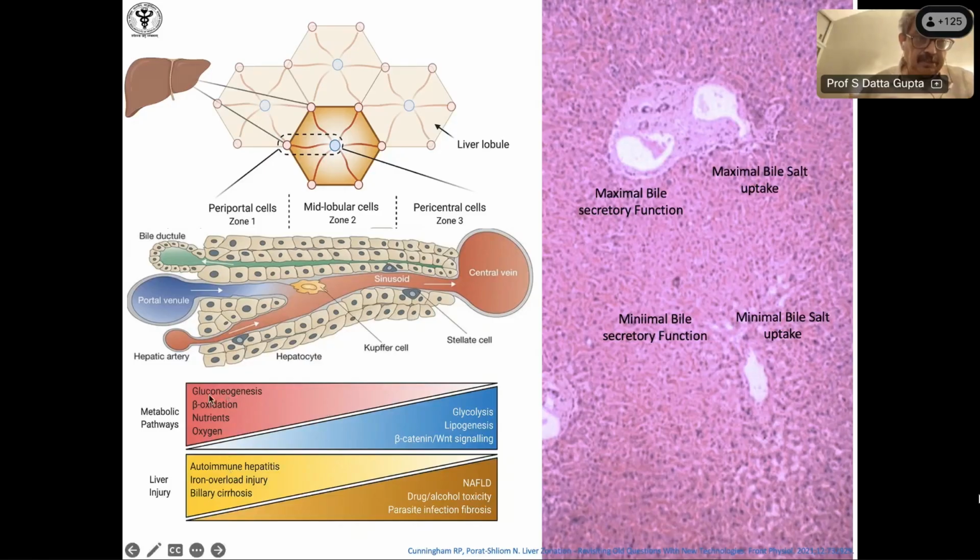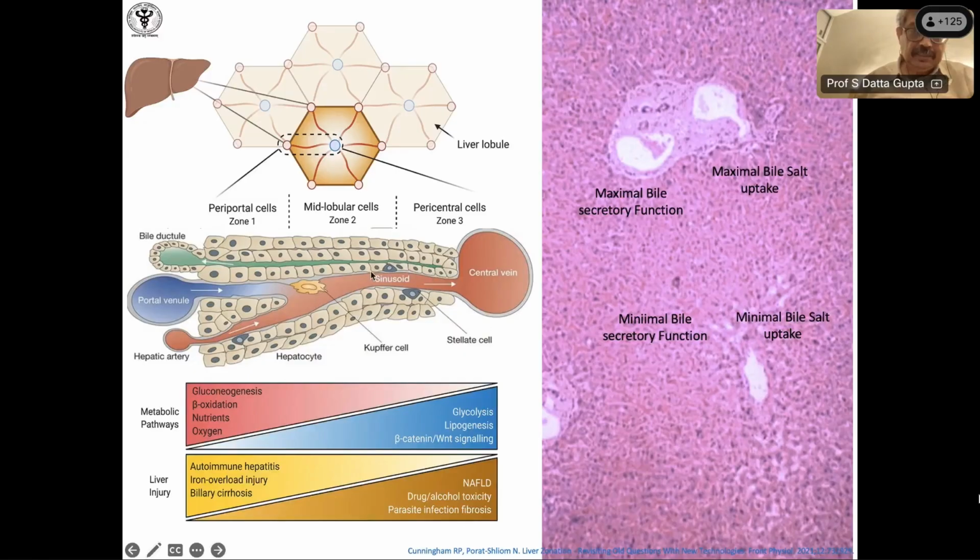Because certain things in the metabolic pathways in the portal venules are different from here. For example, in paracetamol poisoning, the enzymes for that are located on the central vein. You have to look around the central vein. You want to see tetracycline effects, you have to look around the portal area. Similarly, alcohol, look around the central vein.